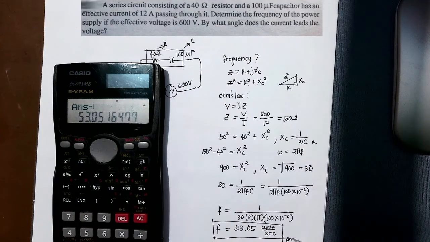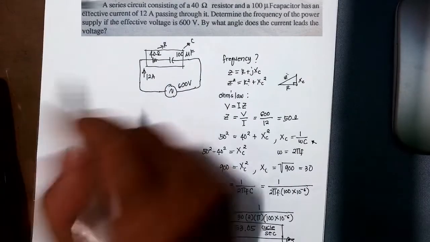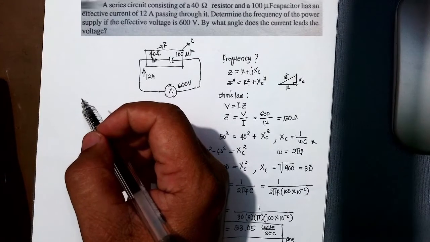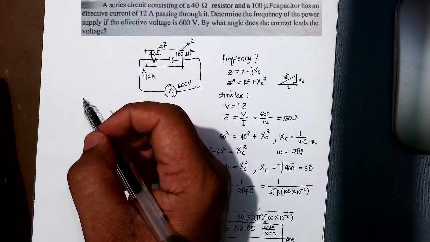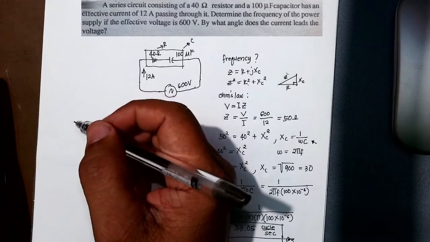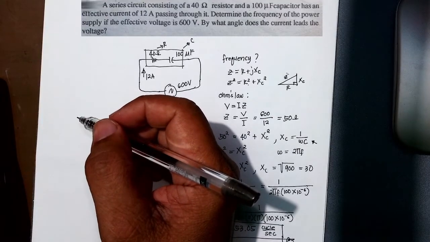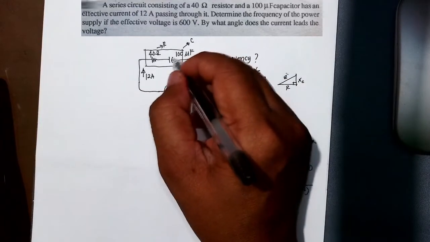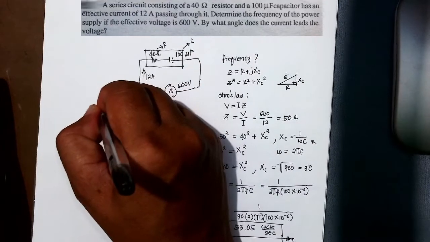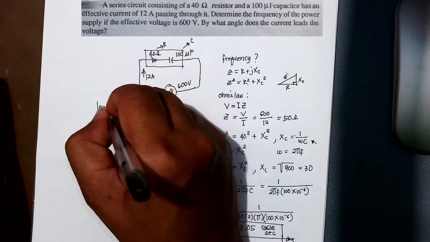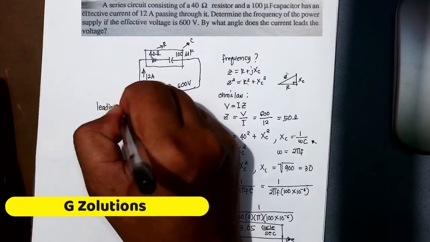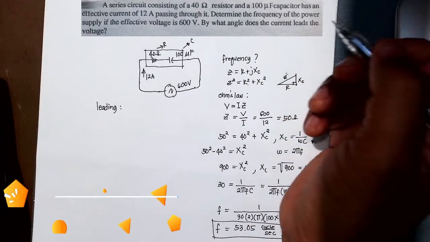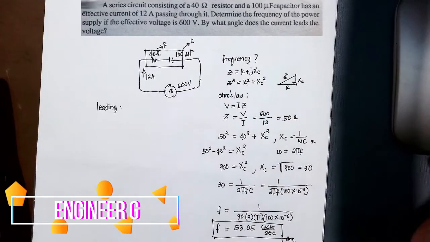As an answer. Now the other thing that the problem is asking us is the angle between the current and the voltage. Since this is a capacitor, therefore it is leading. So how do we get the angle?